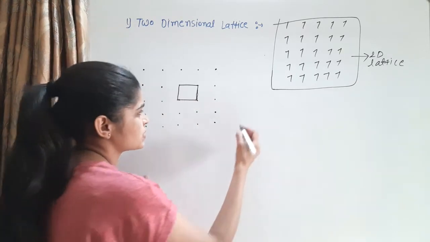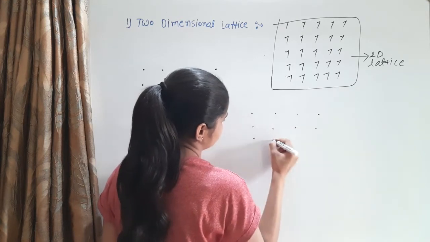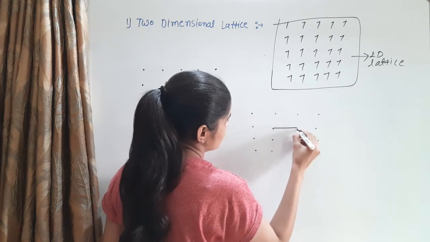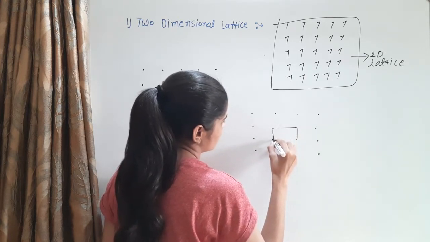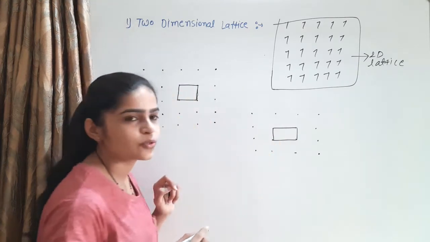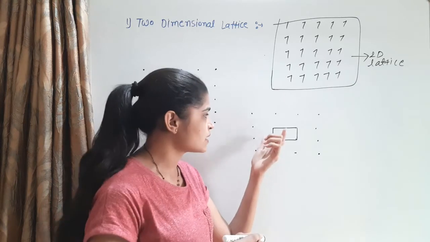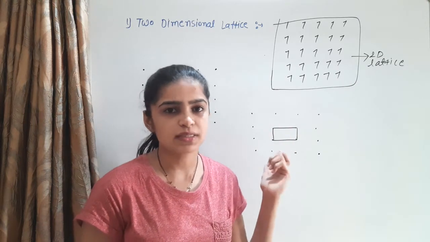With another arrangement, this is the rectangular space lattice. So different arrangements of this space lattice, connected by edges, give different space lattices.